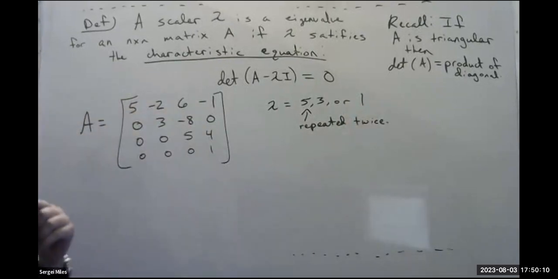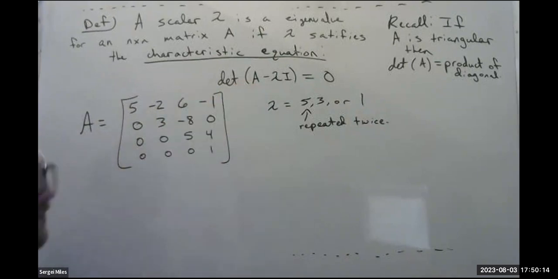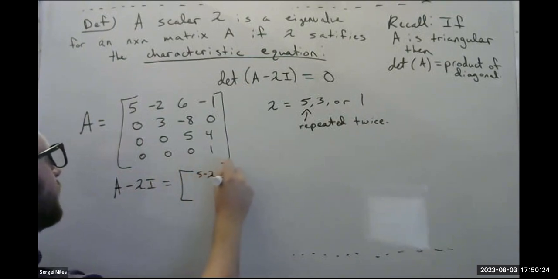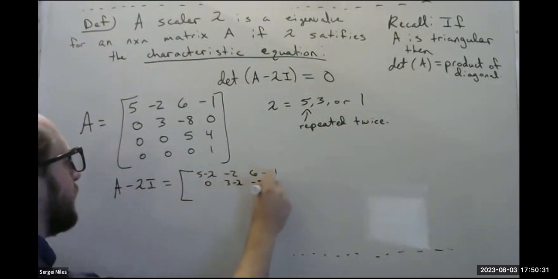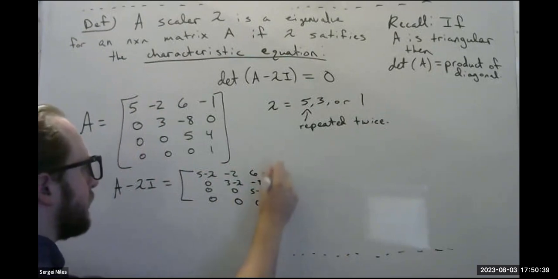Well, what does that mean? Well, if instead we think about using the characteristic equation methodology, then A minus lambda I equals 5 minus lambda, -2, 6, -1, 0, 3 minus lambda, -8, 0, 0, 0, 5 minus lambda, 4, 0, 0, 0, 1 minus lambda.